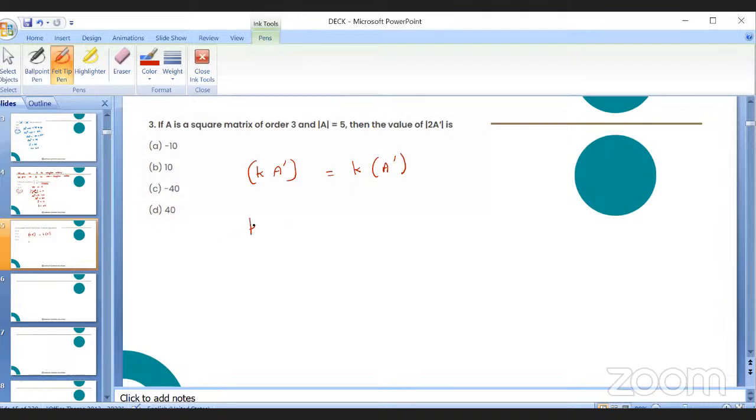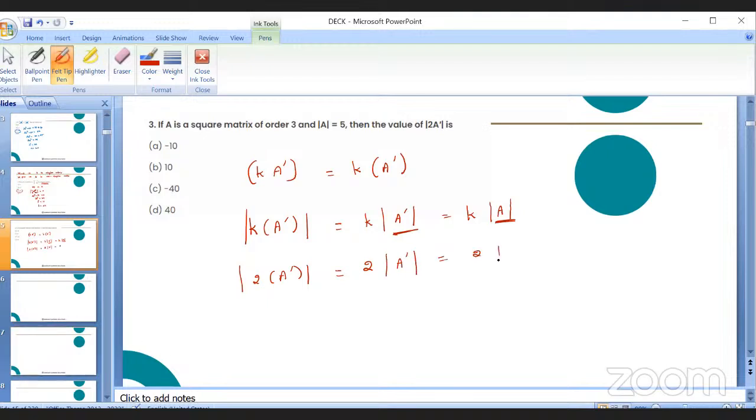So, if you have K into A transpose, and if you are finding the determinant, it will be K into determinant of A transpose. But according to property 1, determinant of A transpose is A only. Whether it is A transpose or A, it is same. So first what we will do in the question, determinant of 2 into A transpose will be 2 into determinant of A transpose.